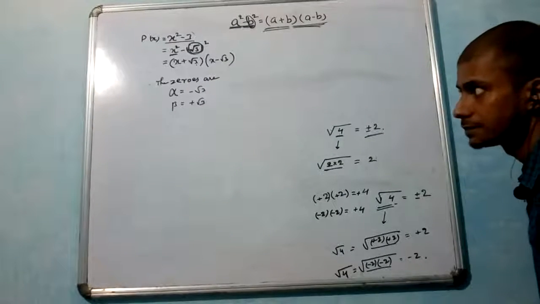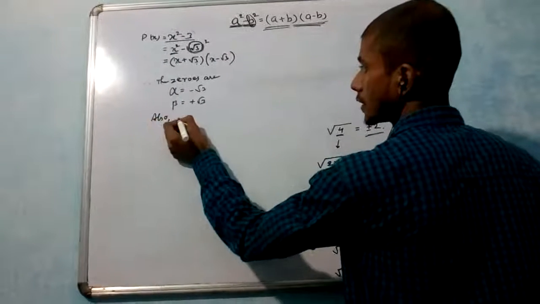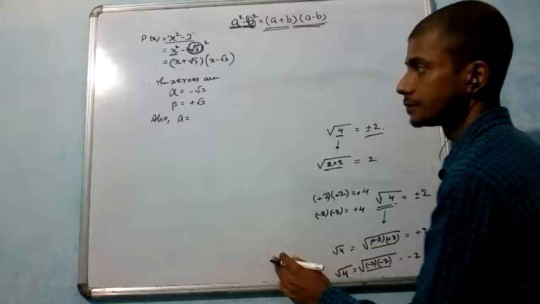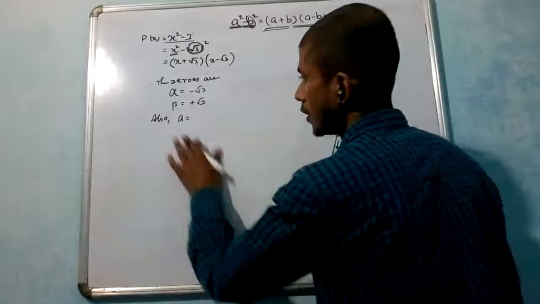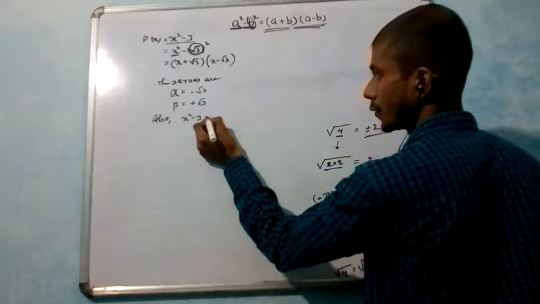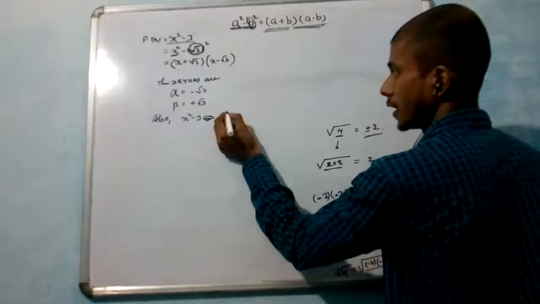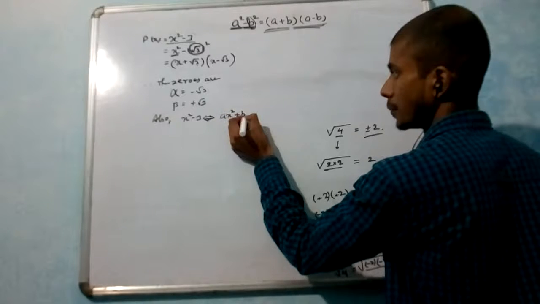Also, what is a? Also, when x square minus 3 is compared with ax square plus bx plus c, we get how much?